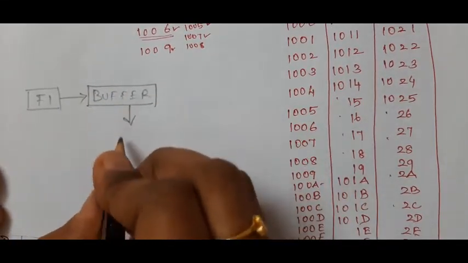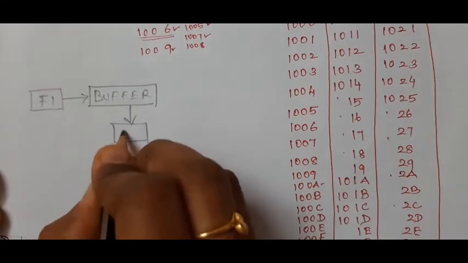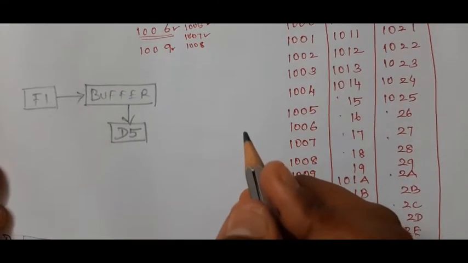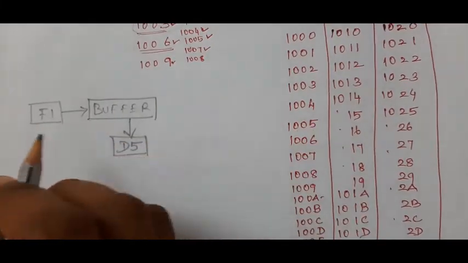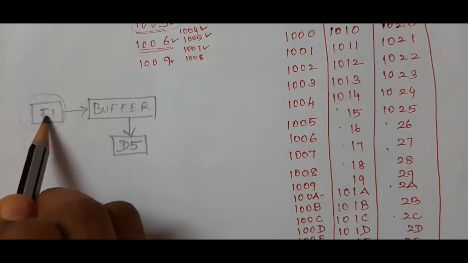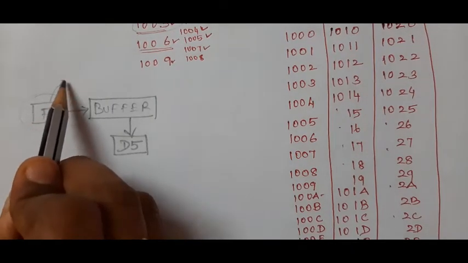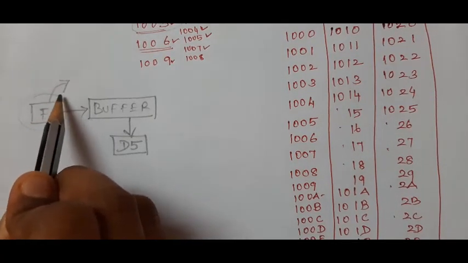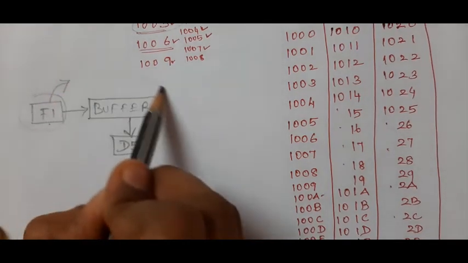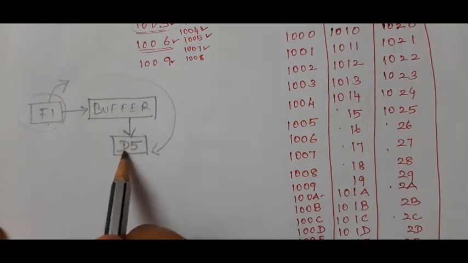And now you are going to copy into a device called D5. So from this F1 device, you are going to read the data or transfer the data to the second device, D5.